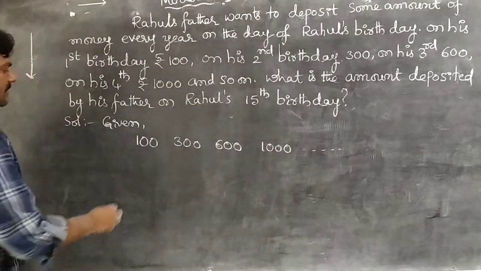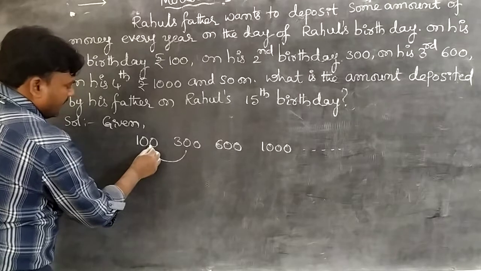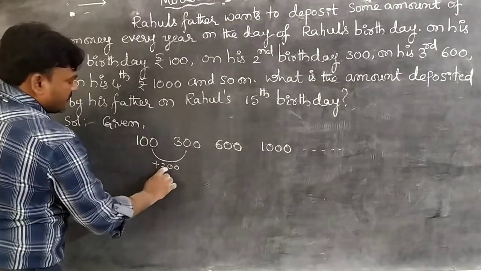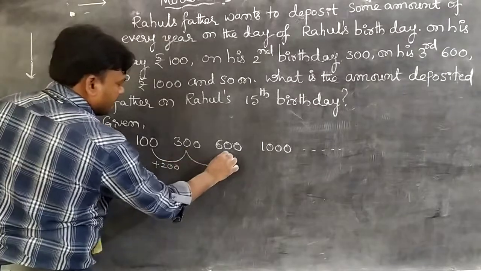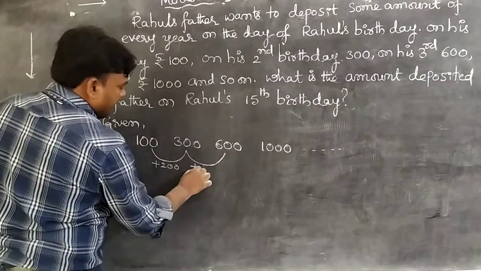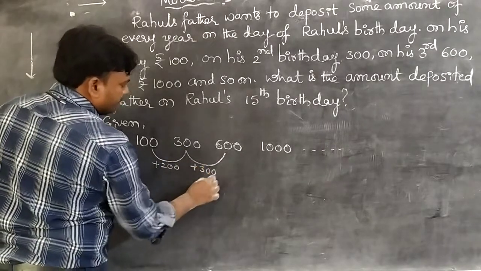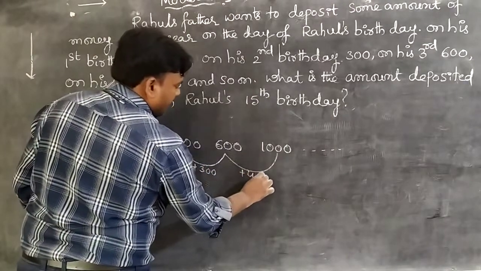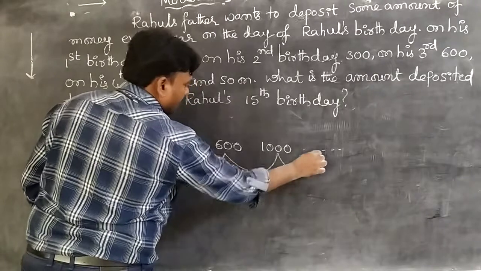Observe: 100 is the first deposit, adding 200 gives 300. Next 300 plus adding 300 becomes 600. 600 plus adding 400, we get 1000, and so on like this.